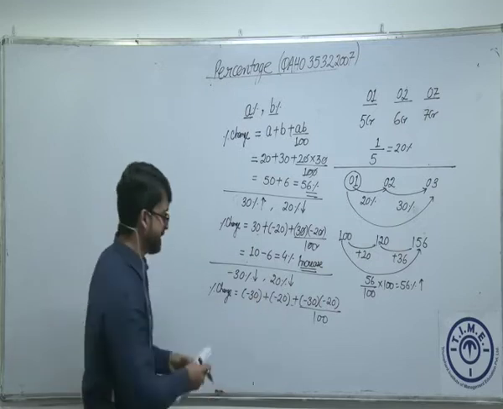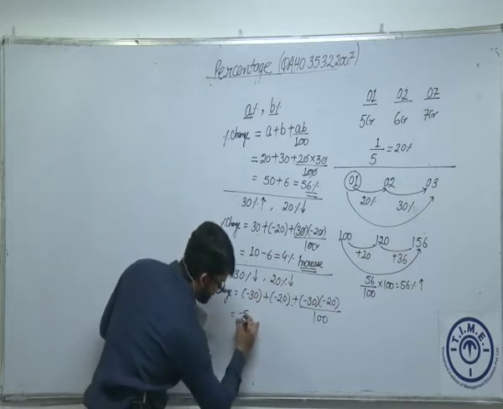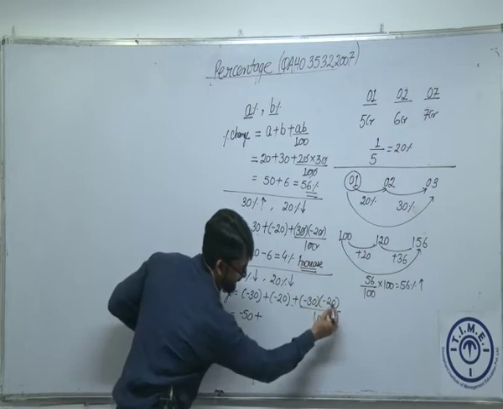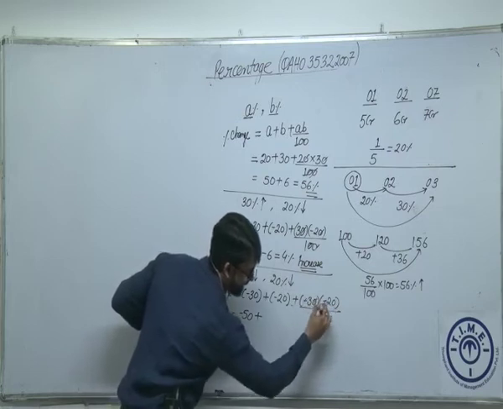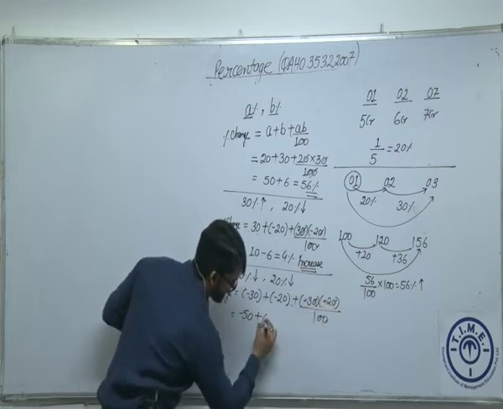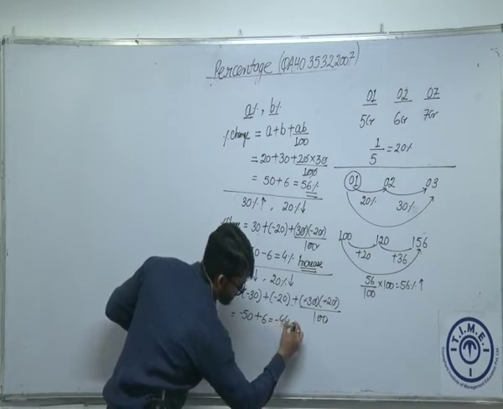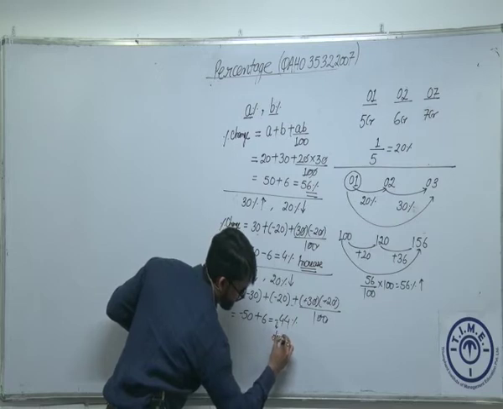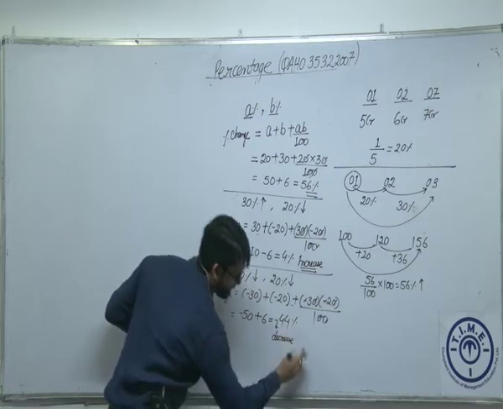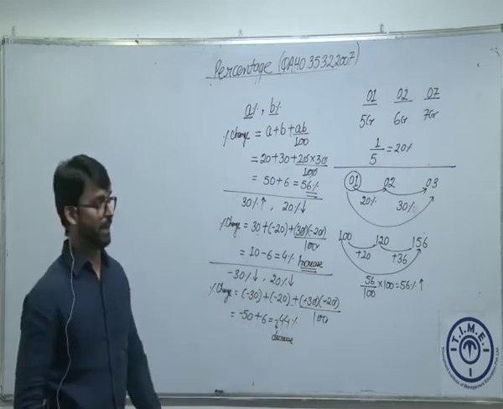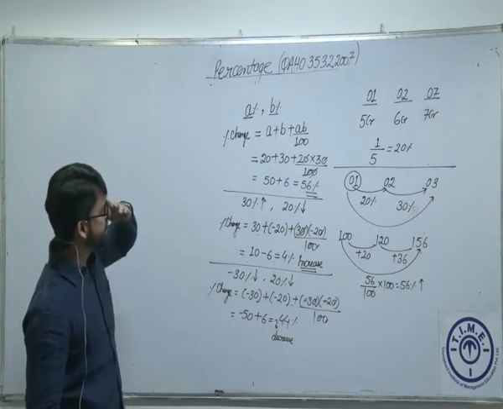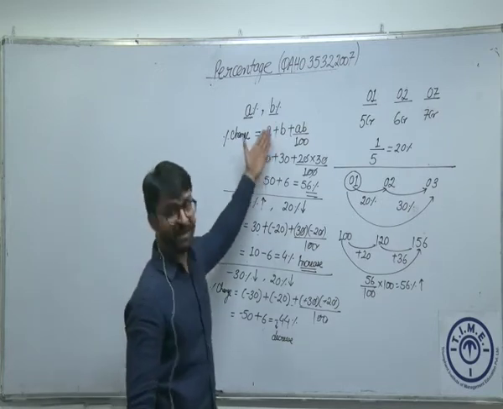Let me check what it is. This is actually minus 50. And what is this? Minus minus plus, 600 by 100 is 6, which gives minus 44%. This minus implies decrease. Is that okay?